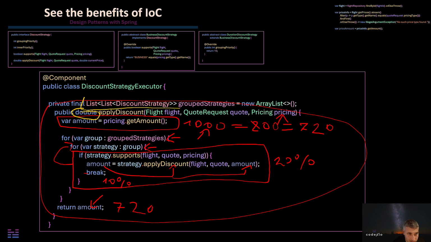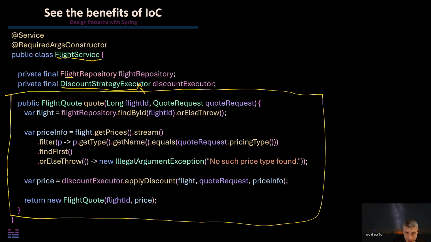We're going to have this list or the matrix of discount strategies, and what's happening next is just having this piece of code that's going to be the same.